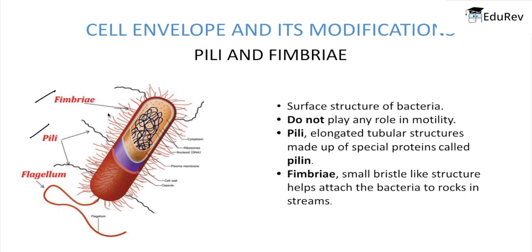Now, pili is an elongated structure, as you can see in this image, which is made up of a special protein called pilin. And fimbriae is a small bristle-like structure arising from the surface of the bacterial cell, which helps the bacteria to attach to the rocks in the stream or the host tissues.